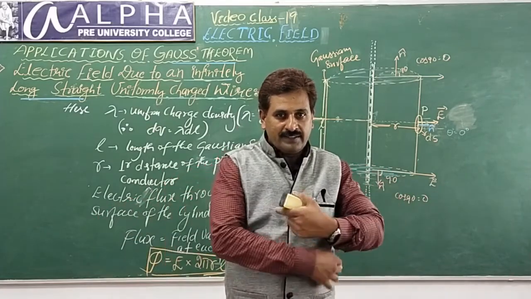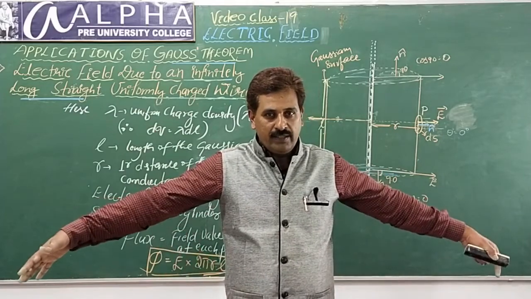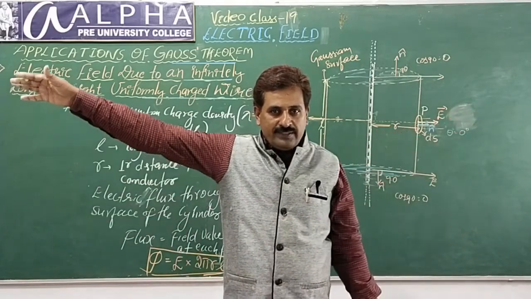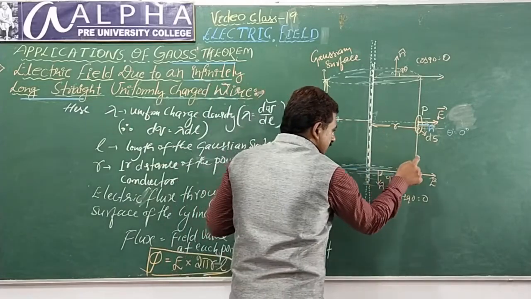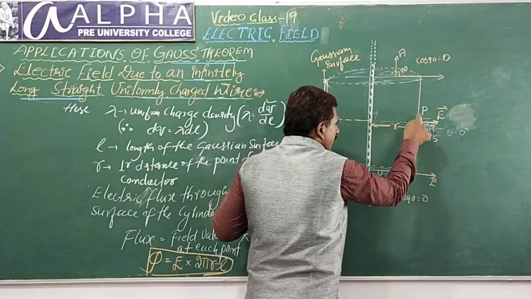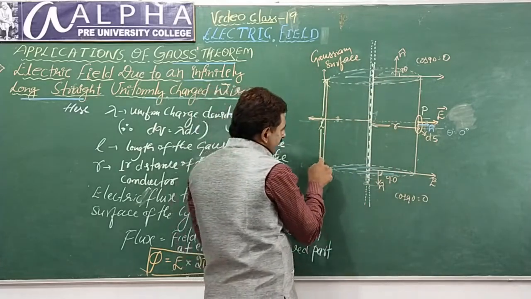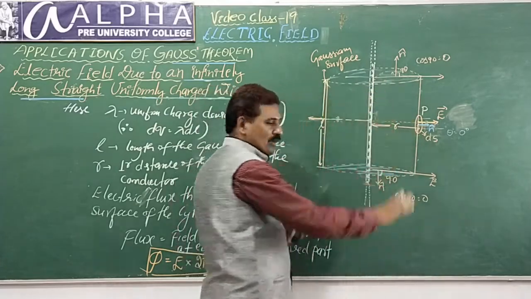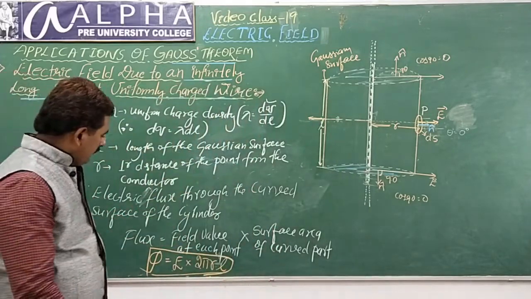So the distance of each of these points from the conductor is the same as the distance here. That's why the electric field value is the same. It's the flux expression. Right, students?